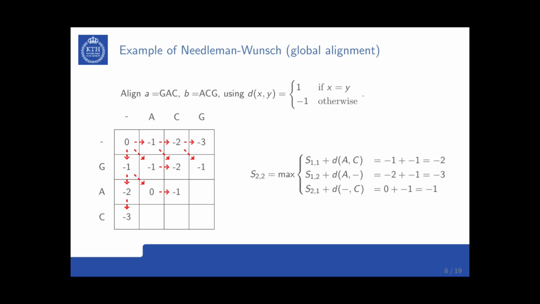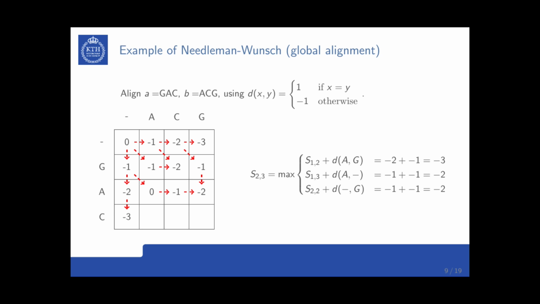So it turns out that the horizontal movement is the preferred one, so you set the -1. And the last element of the second row, S23, could be calculated either by a diagonal mismatch, giving you -3, a vertical movement from -2, or a horizontal movement which gives you -2. In this case, both the horizontal and vertical movement would give you -2, and we set the score to -2.